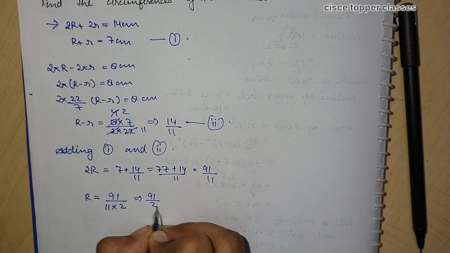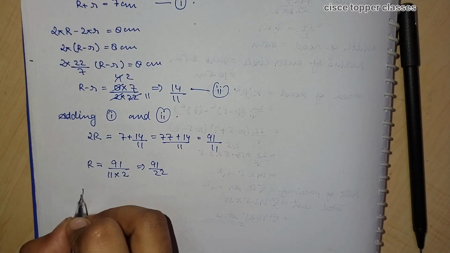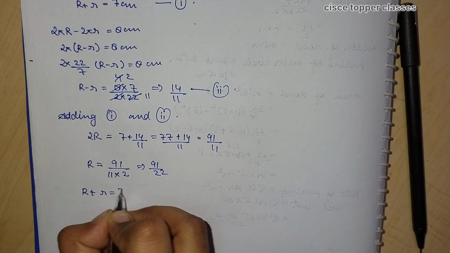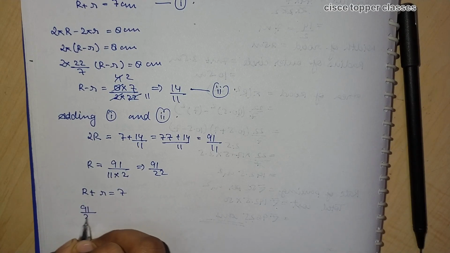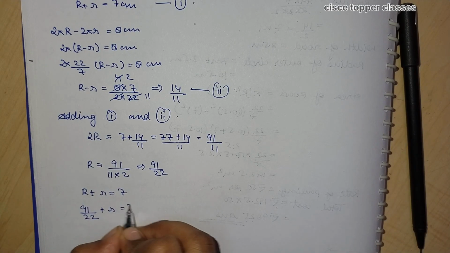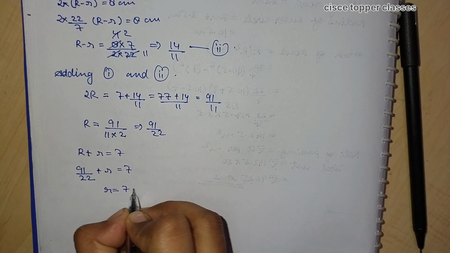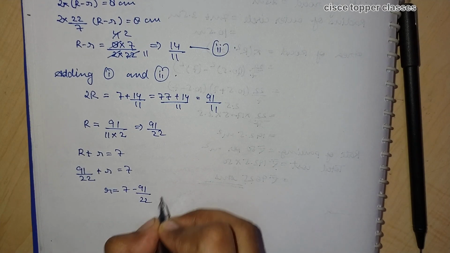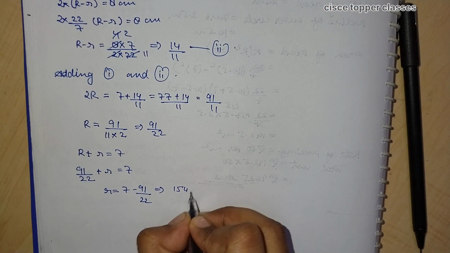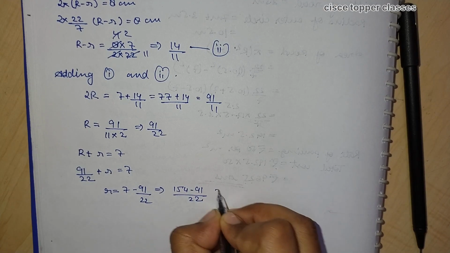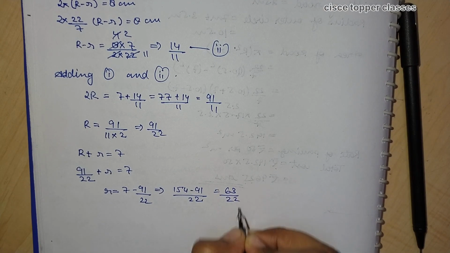So 91 by 22. From the first equation we can write R plus small r equal to 7. 91 divided by 22 plus r equal to 7. So here we can write small r is equal to 7 minus 91 by 22. So 154 minus 91 divided by 22 equal to 63 divided by 22.